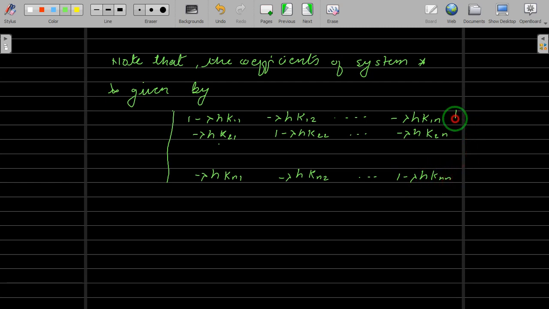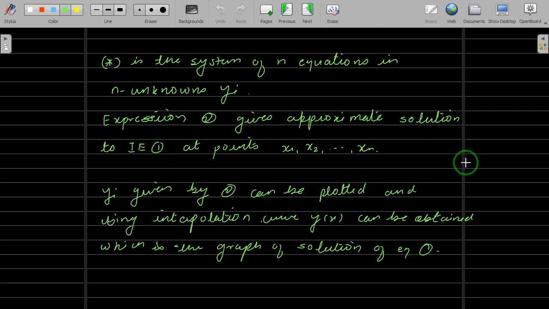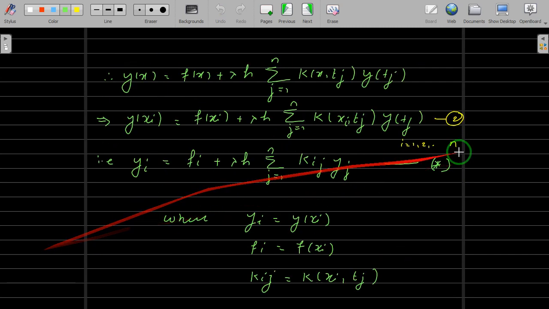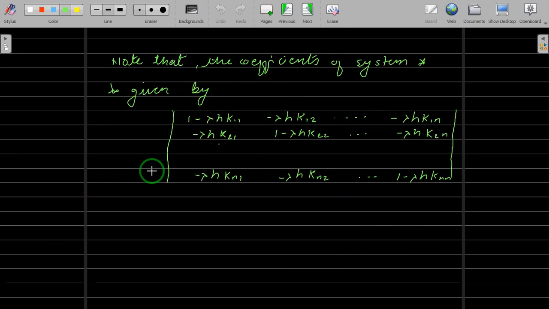This you can easily verify. You write the system of n equations in n unknowns given by the star, then you write the coefficients of yi's as a matrix, and this is your determinant.